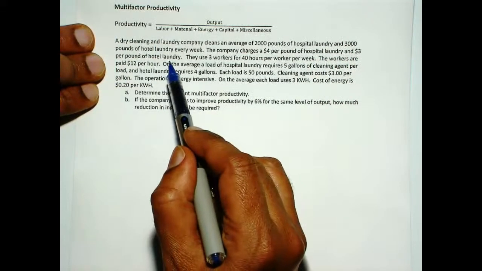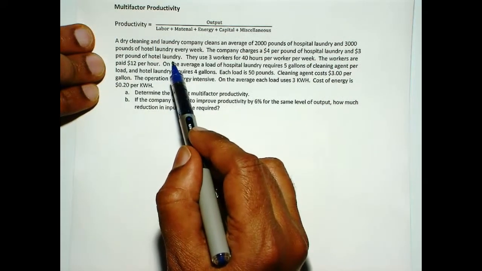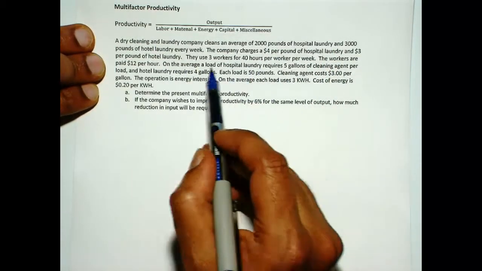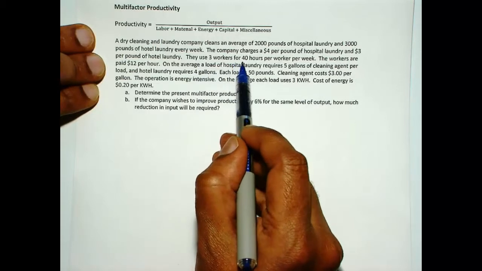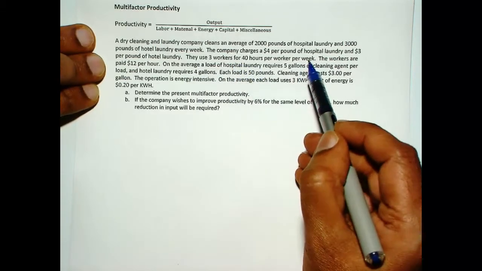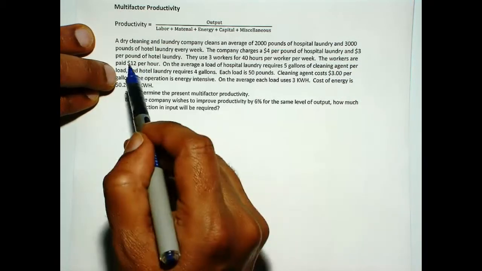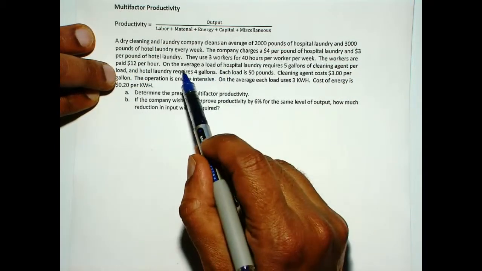So with these dollar amounts, we can convert the units into dollar amount. They use 3 workers, 40 hours per week, so that's one input, labor input, and the workers are paid $12. And then on the average, a load of hospital laundry requires 5 gallons of cleaning agent.